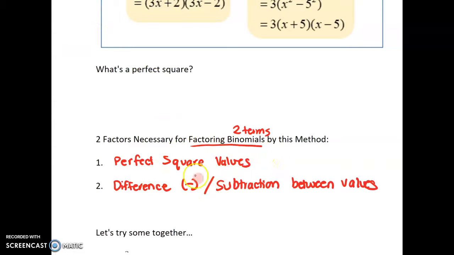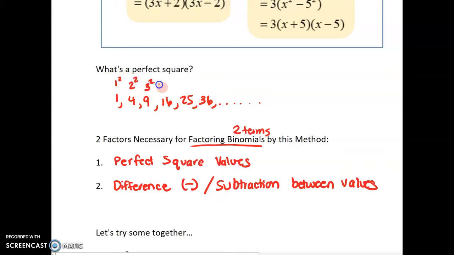So only when these two factors are present can we use this technique, okay? And a reminder, these perfect squares are values such as 1, 4, 9, 16, 25, 36, and so on. These numbers are acquired when you take the values of 1, you square it, 2 squared, 3 squared, 4 squared, and so on.